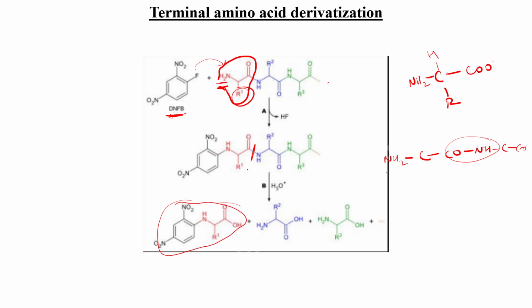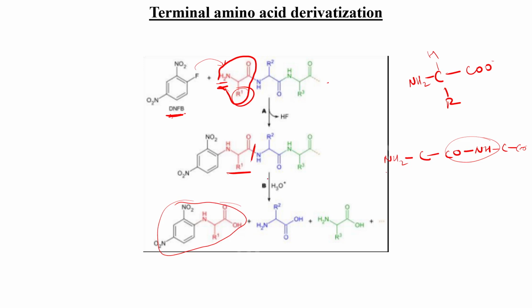So each amino acid will get separated on TLC or HPLC in its own unique position. Based on that standard information, we can analyze what is the first N-terminal amino acid of a peptide.